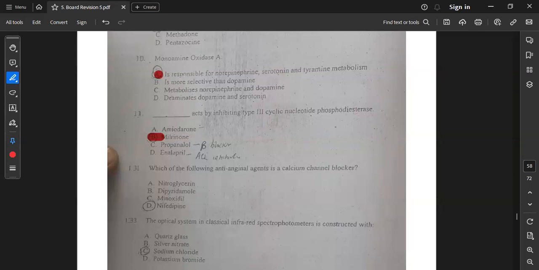For stable angina, once the patient exerts themselves, they will feel some pain. But when they sit down and relax a bit, the pain will go away, the shortness of breath will go away. But for unstable angina, they will feel the pain, they rest, and still the pain is there. So we call that unstable angina.